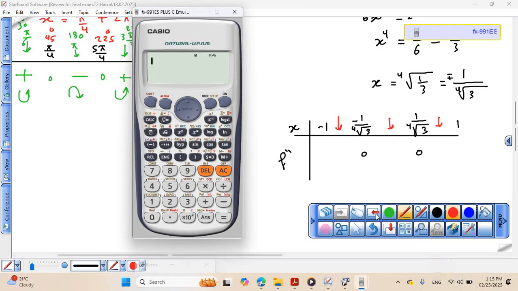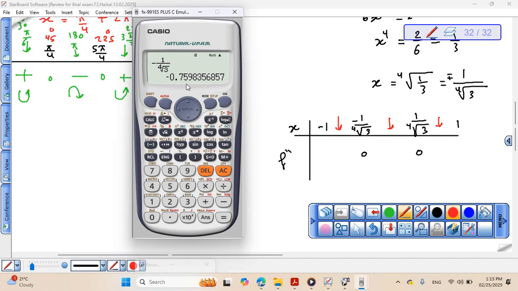Here I think, wait, -1 divided, yes, this is 4 here, for 3, this equals -0.75.